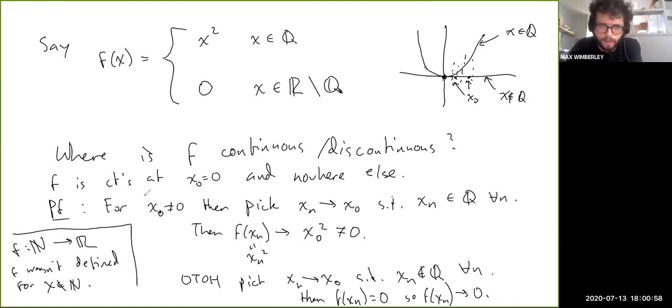So the fact that we can choose these sequences the way we do here is necessary, and it's not something we can do in that case. The only sequences of natural numbers that approach a given natural number are eventually constant sequences. Does that make sense?